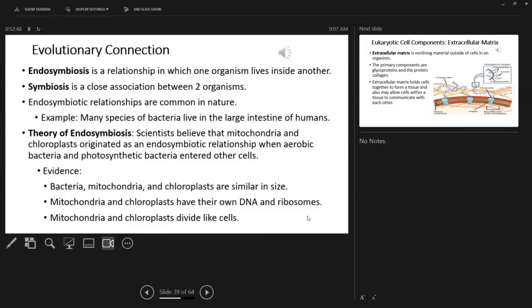other organelles. And it's believed that the nucleus happened just by the plasma membrane somehow folding in around the chromosomes. So here's a cell, and it had these chromosomes free in there.